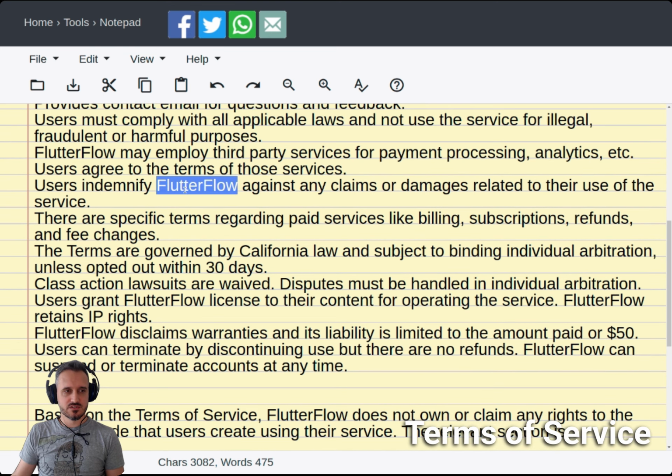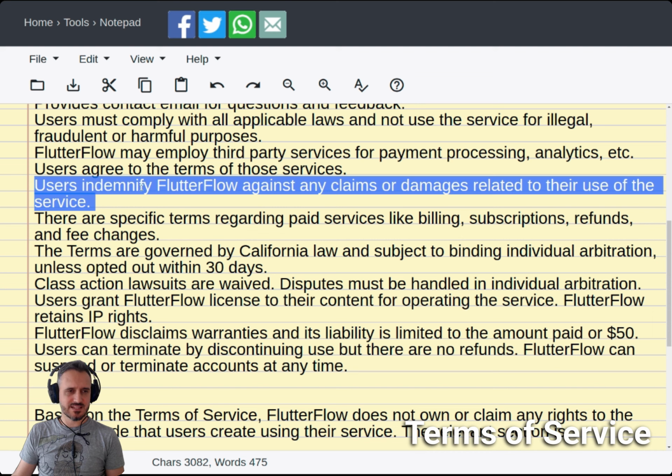And then we have that users indemnify Flow against any claims or damages related to their use of the service. So, like I said, this is when there is something wrong with your project or your app, and you try to blame Flow for that.